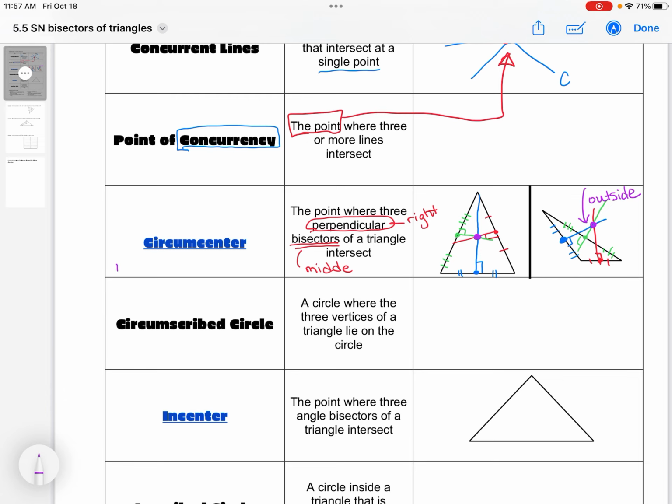So the circumcenter can be inside or outside of the triangle, just depending on what kind of triangle it is. And they're perpendicular bisectors.